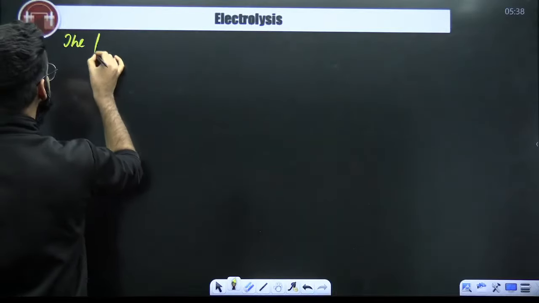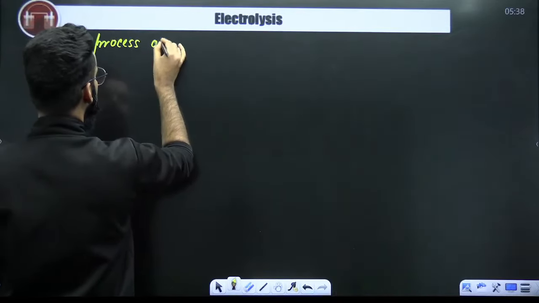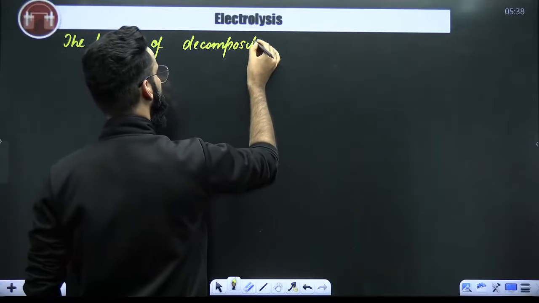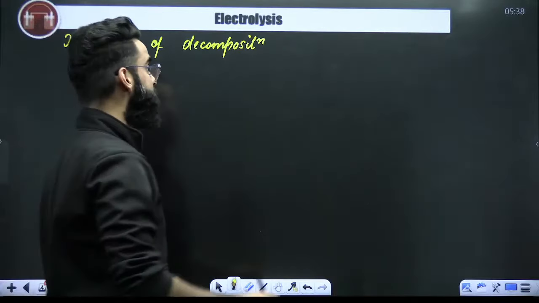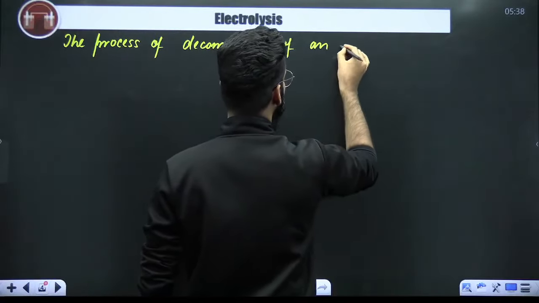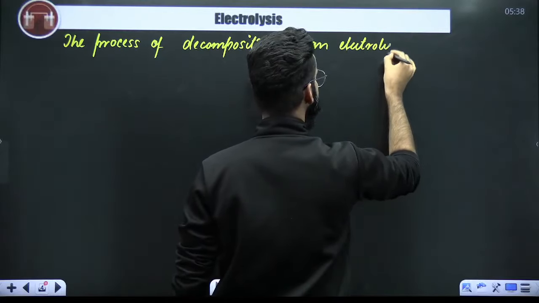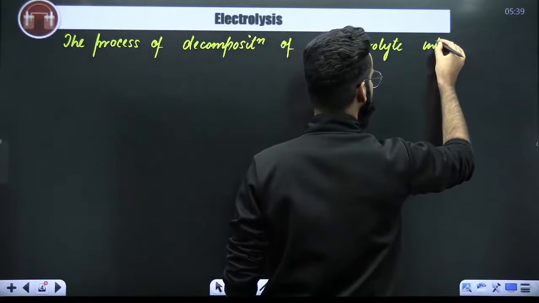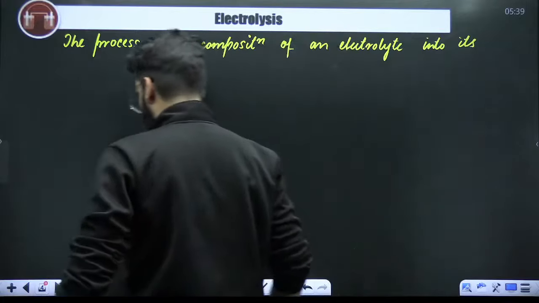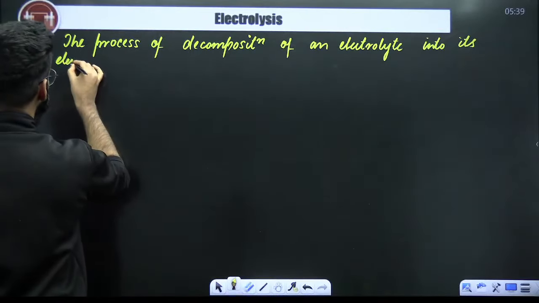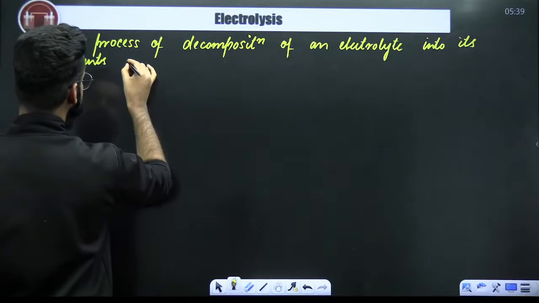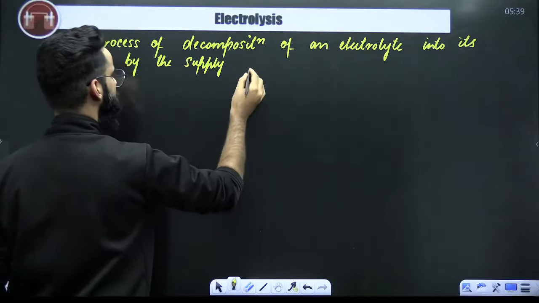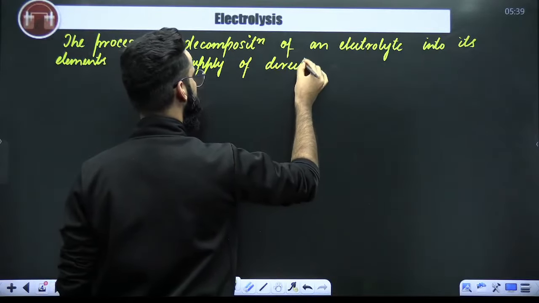It is basically the process of decomposition of an electrolyte into its elements by the supply of direct current.